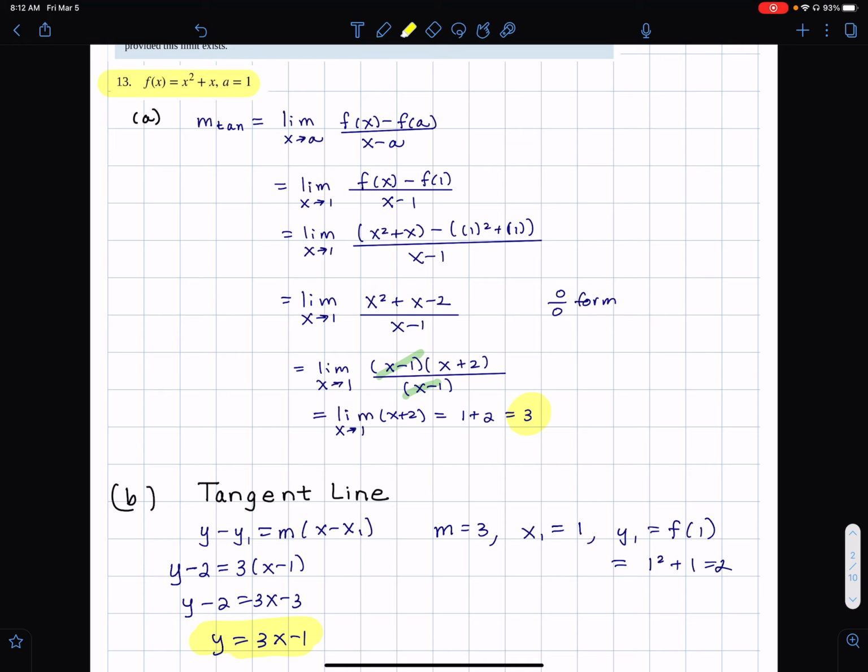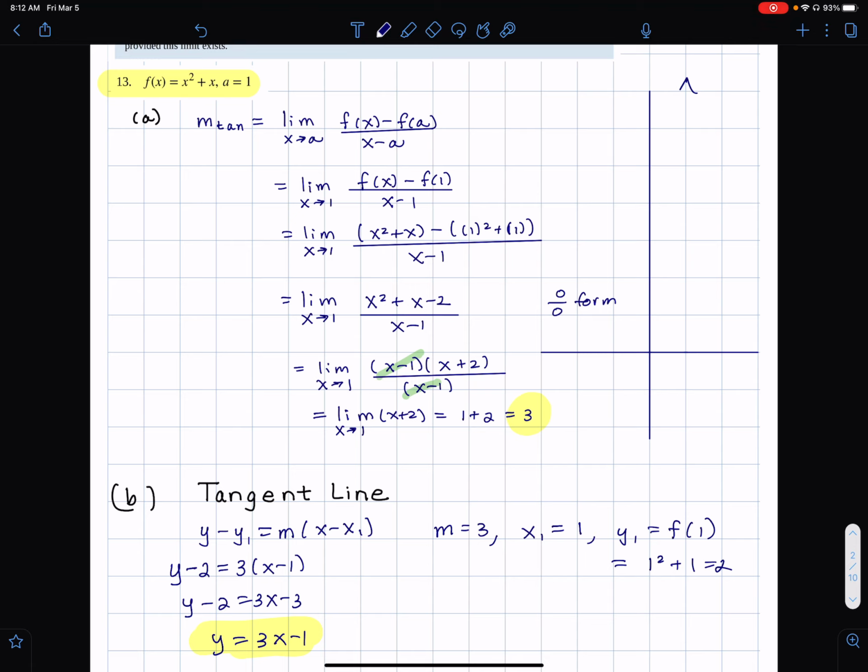Now, this function here is obviously a quadratic, and therefore the graph is a parabola that's facing up.